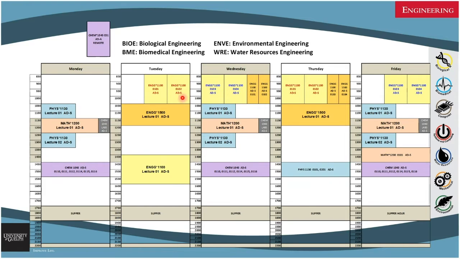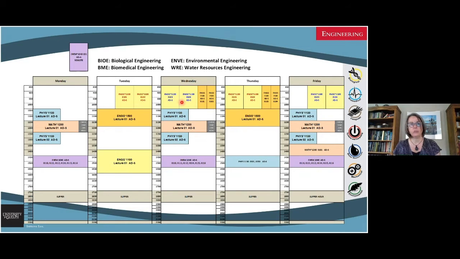The same with 0102, and then 3 and 4 are Wednesday and Friday. So if you choose section 3 or 4, then obviously you can't choose the labs for 1500 that are 0101 or 0102. But you can choose a 103 or a 104. So these are placed in the schedule deliberately so that it's evenly split.